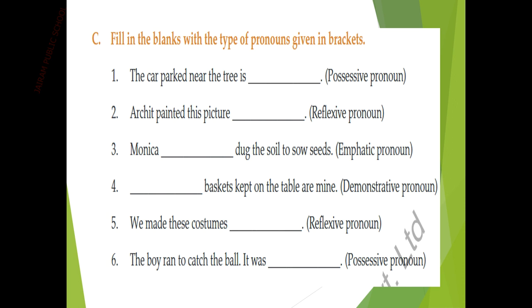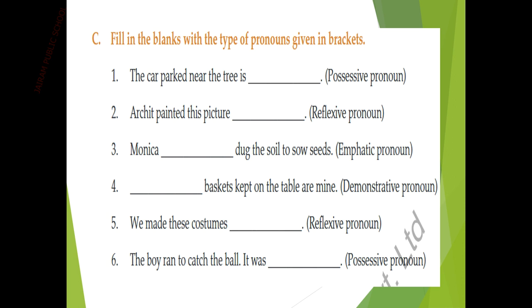Dash baskets kept on the table are mine. Here you should use the suitable demonstrative pronoun. Can you find out? If you want to point out particular baskets, you should use the plural form these. These baskets kept on the table are mine.